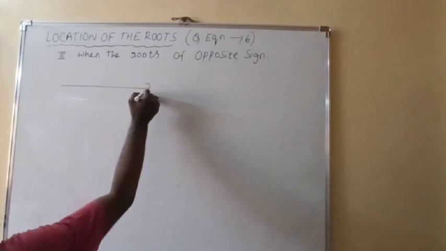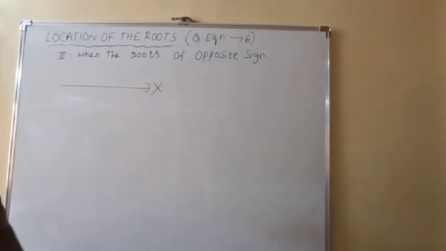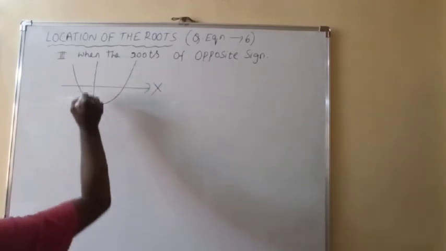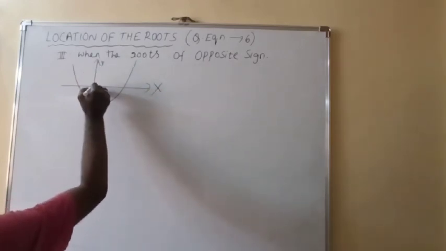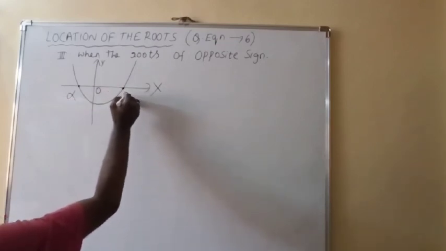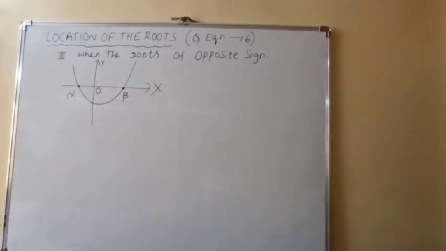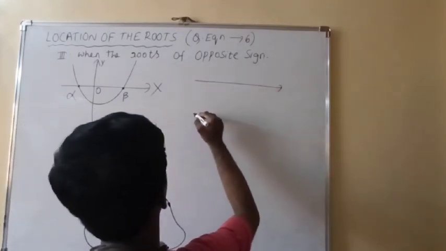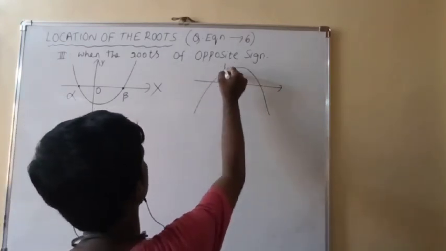So in this case you will get only two cases. The graph may be like this. This is one root alpha, this is another root beta. Or you will make it this case.